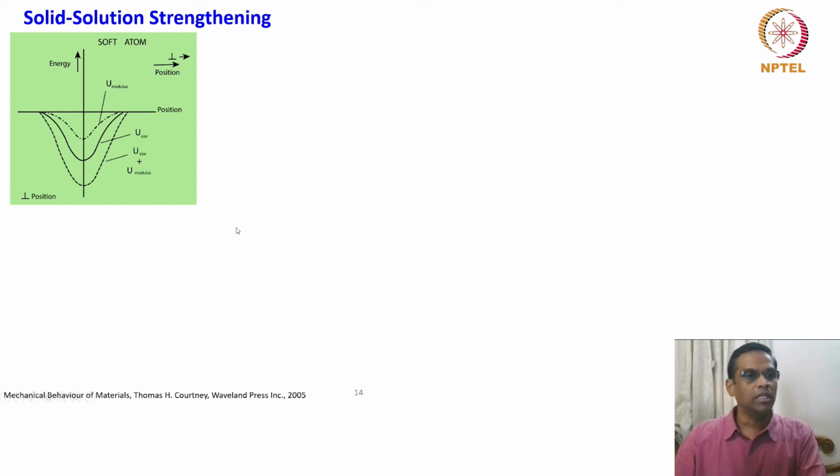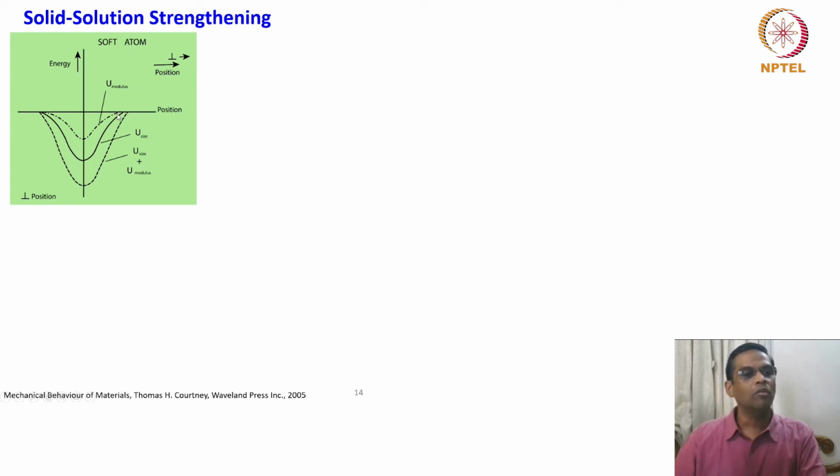So what we are now seeing here is an energy versus position plot, where the dislocation is approaching a soft solute atom in a solvent matrix. This is the dislocation and this is the position, and it moves in this direction.